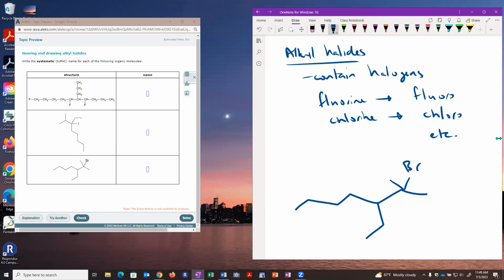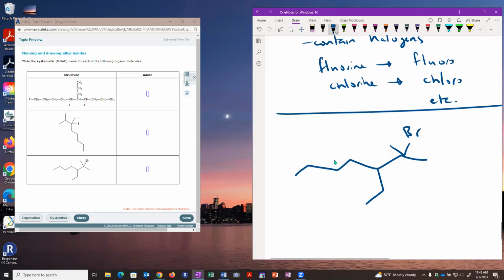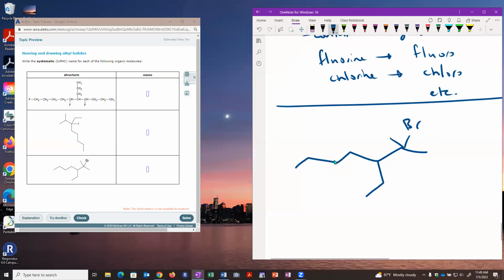First thing we want to do is identify the longest continuous carbon chain. We can see in this case that it's right across the middle. We have a total of 1, 2, 3, 4, 5, 6, 7. So that would be hept. They're all carbon-carbon single bonds in this, so this would be heptane.